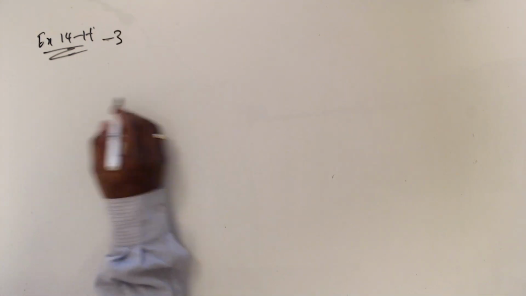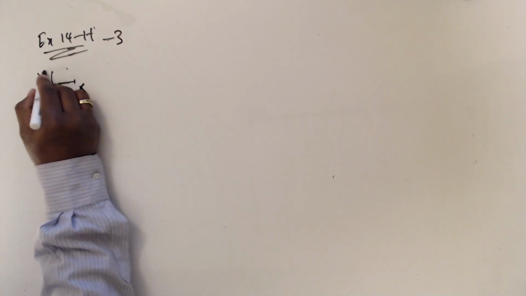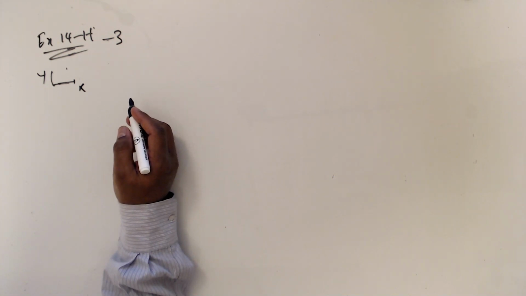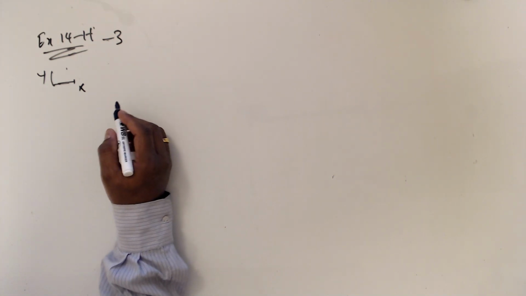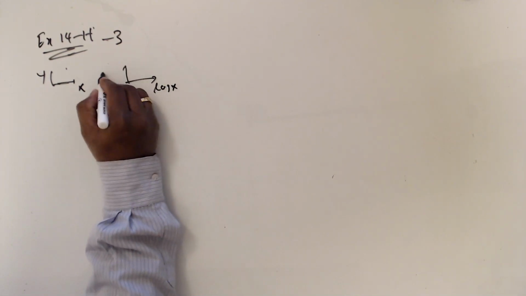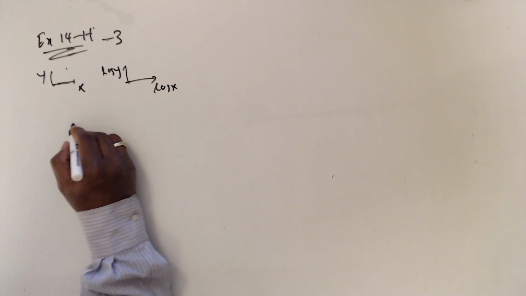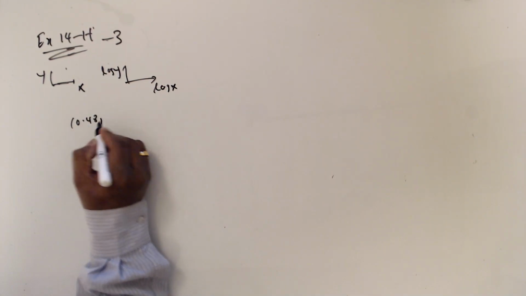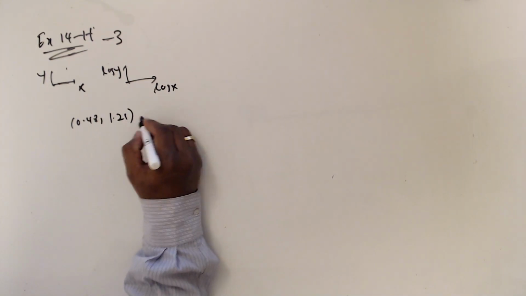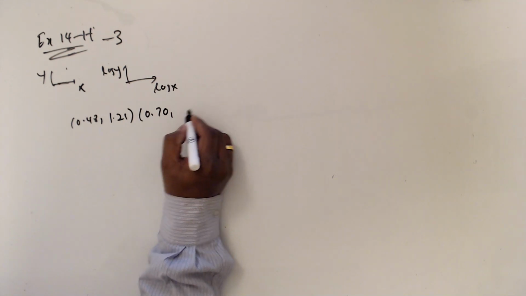Question number 3. X and Y data are given, and then there is another row, log X and log Y. The first one is 0.48, 1.21 is given, then another is 0.0, and this one is blank.